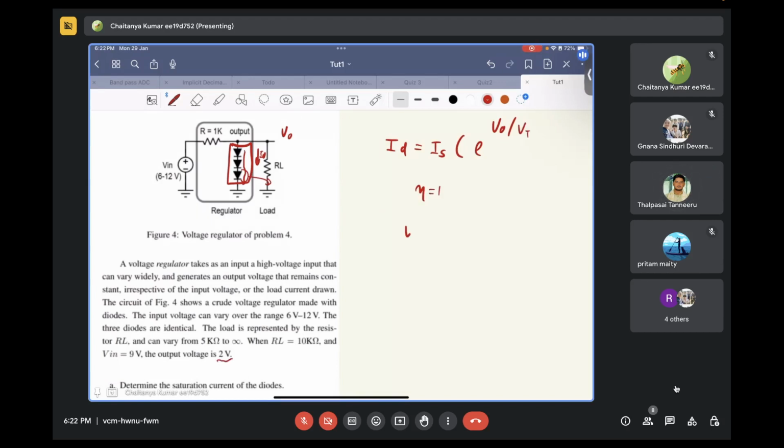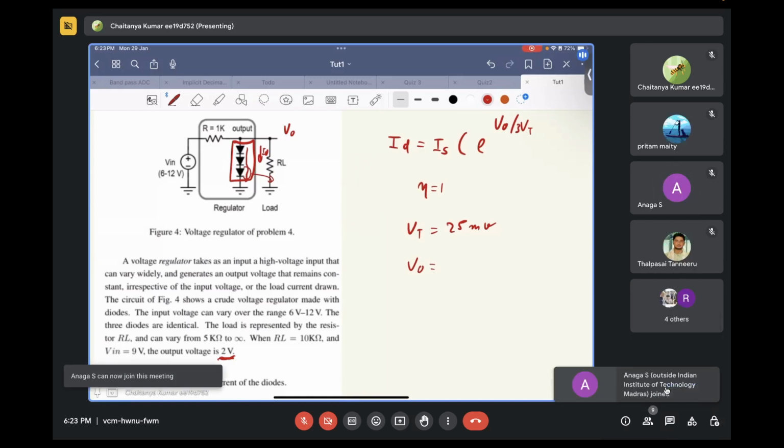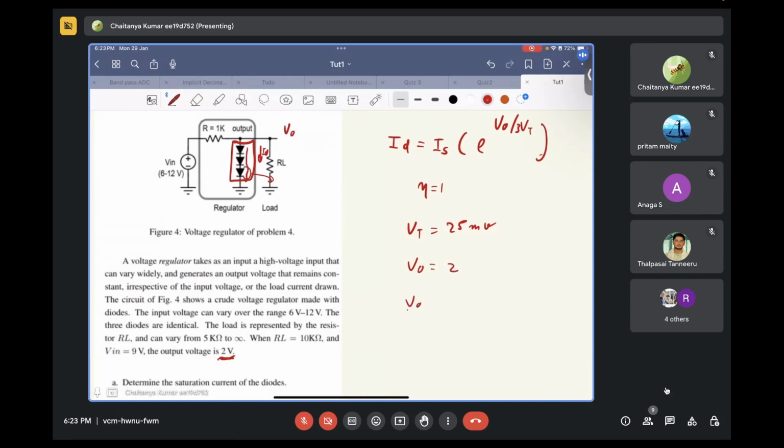So what is the value of Vt? 26 millivolts, sir. 26 or 25 millivolts. Let's say 25 millivolts. So the output voltage V out is around 2 volts, so V naught by 3 will be around 0.66 volts.